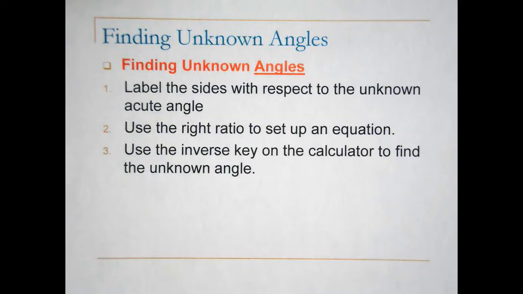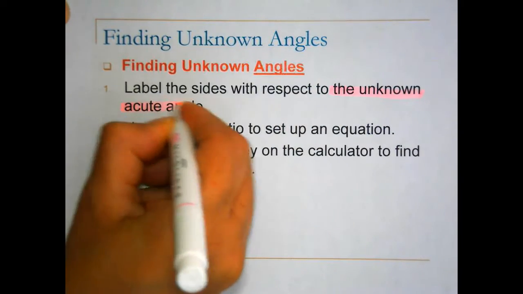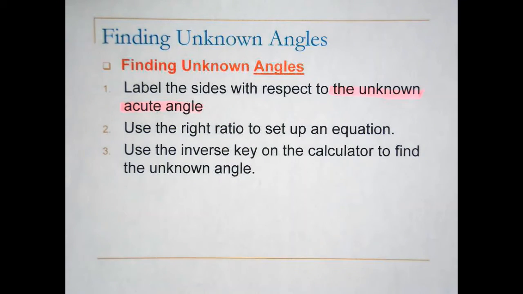In this lesson, we are going to learn how SOHCAHTOA can be used if some angles are not known in a right triangle. So, first step, label the sides with respect to the unknown angle. Whatever angle you are going to try to find, put a dot there and label with respect to that.